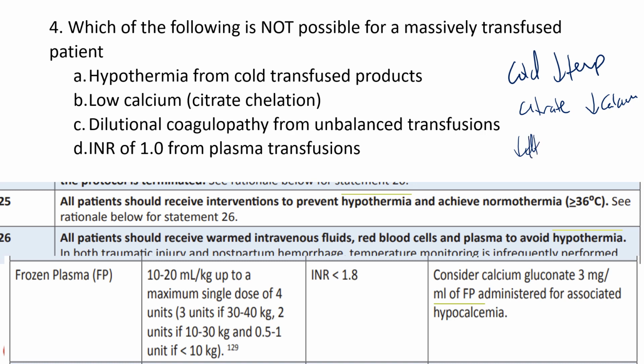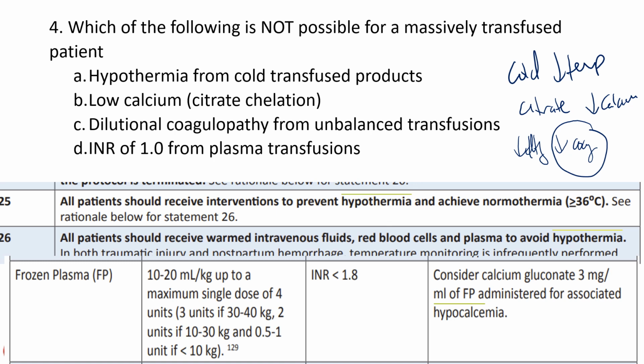You can also drop the hemoglobin content and make them diluted, or just by giving them plasma, too many red cells, or too much albumin, you can also drop the person's coag levels because you dilute their plasma too much. So either you can dilute the hemoglobin or you can dilute the plasma. Most often people refer to dilutional coagulopathy as the dilution of the plasma content and therefore a drop in the coag factors from unbalanced transfusions.